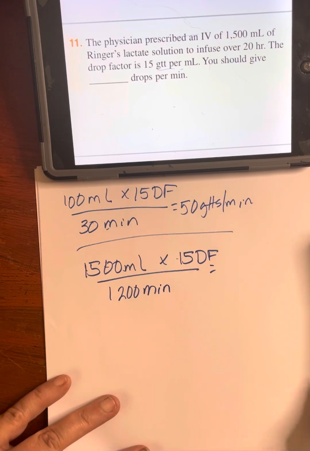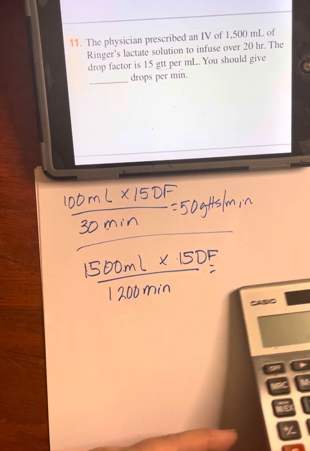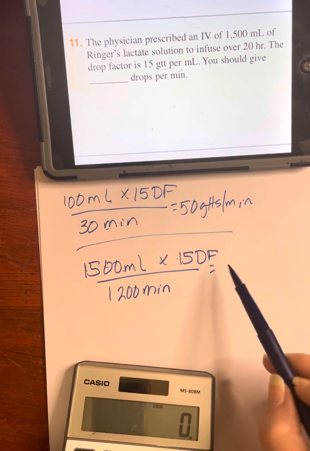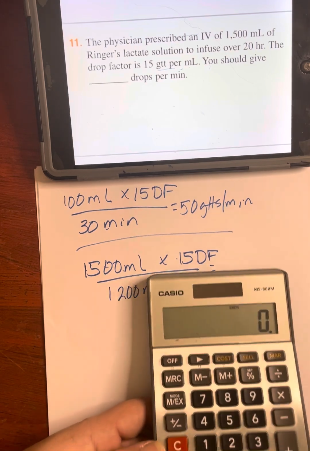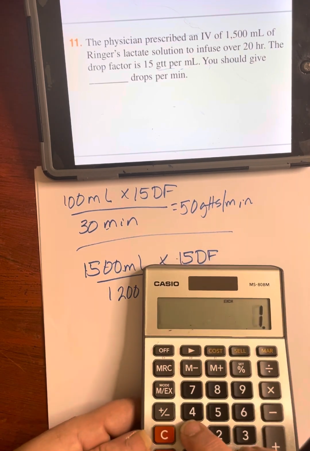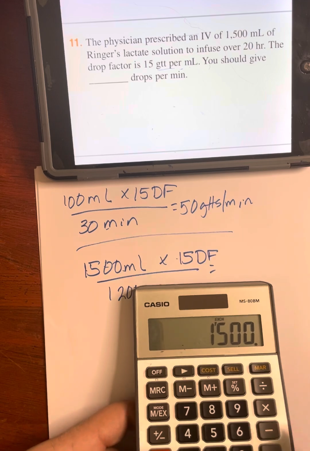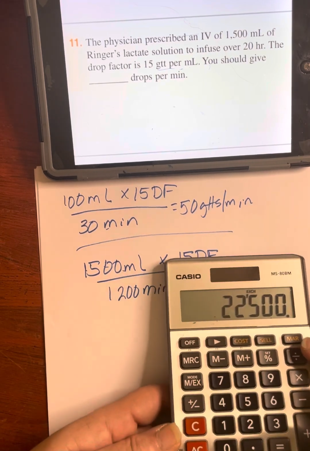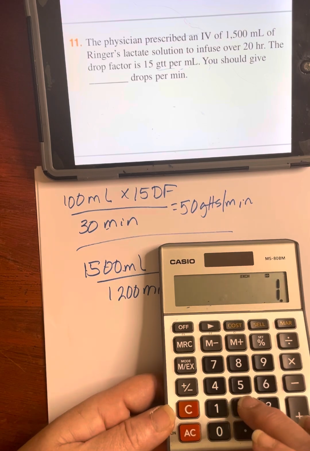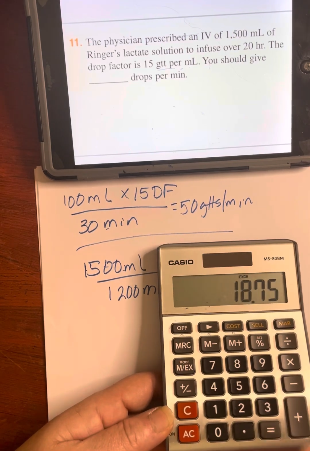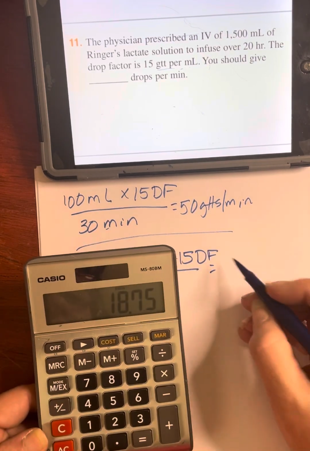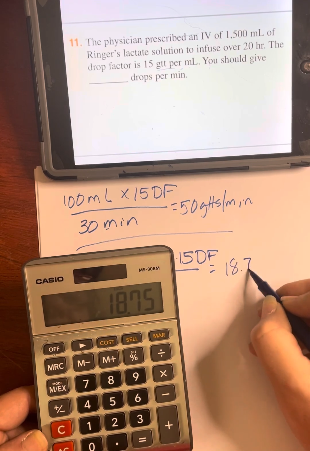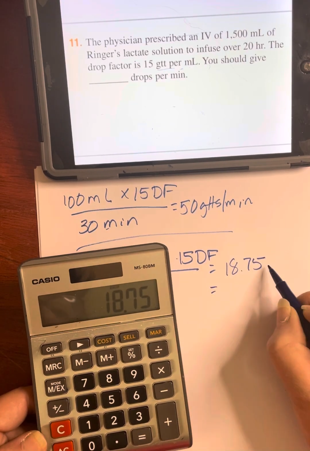Now we've set our formula up and we're doing the math. All the math on the top divided by the number on the bottom. Count your zeros. 1500 times 15, don't look at it, you're not done, divided by 1200 equals 18.75 drops.